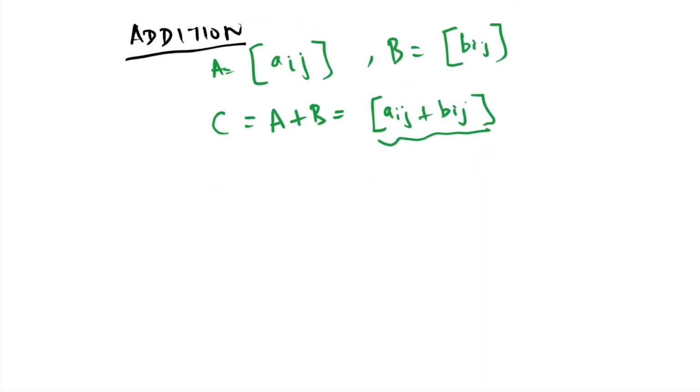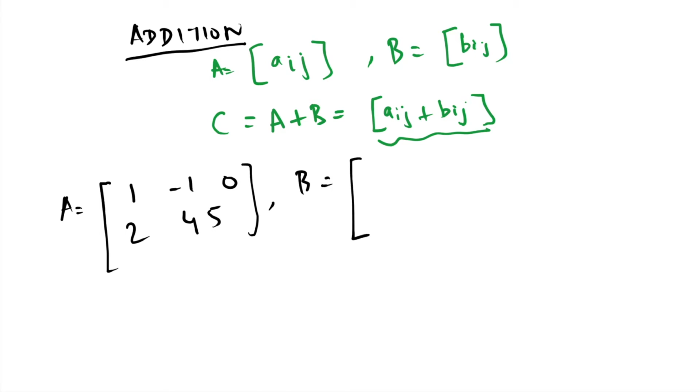For example, let's say A is a 2 by 3 matrix, A equals 1, -1, 0, and 2, 4, 5. And let's say B is also a 2 by 3 matrix, B equals 2, 5, 1, and 7, 6, 4.